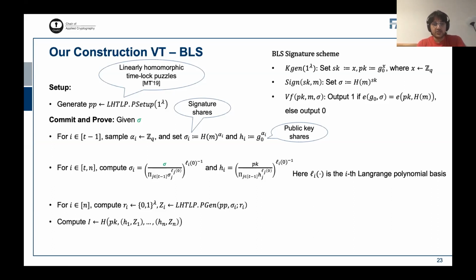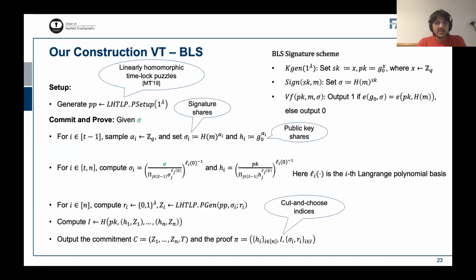Now it's time for the cut and choose. You run the random oracle on the public key and all the values generated before, which are all the public key shares and the puzzles, to generate this set I of indices of size t minus 1. Then the commitment is set as all these puzzles and the hardness parameter t, while the proof is the set of all these public key shares or partial public keys, and the set I, the set of indices for the cut and choose.